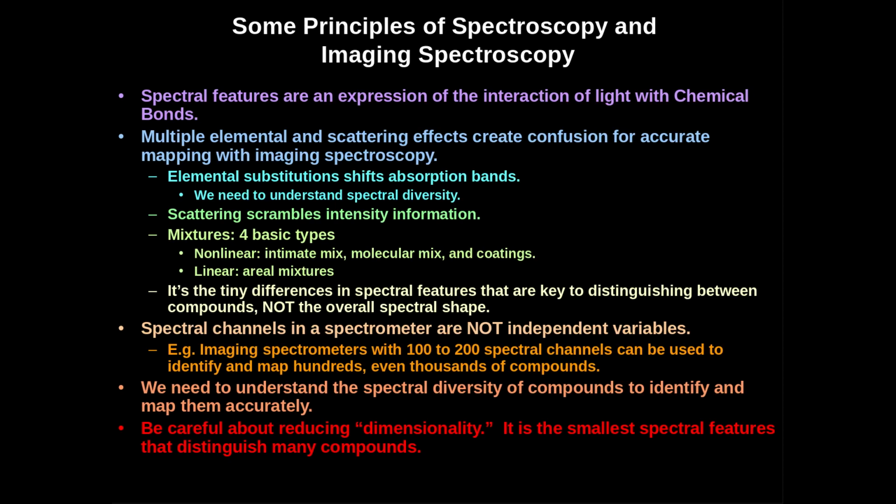For example, with grain size differences and the changing shapes of absorption bands, you can derive the grain size of that one compound independent of how much is there. The other issue is there are tiny differences in the spectral features that are key to distinguishing between compounds, and not just the overall spectral shape.